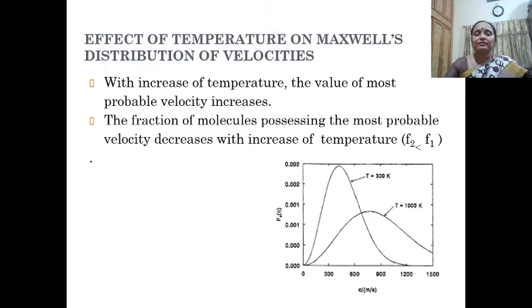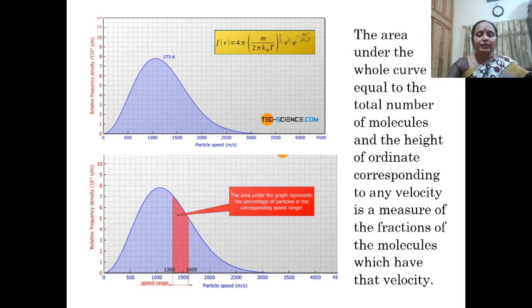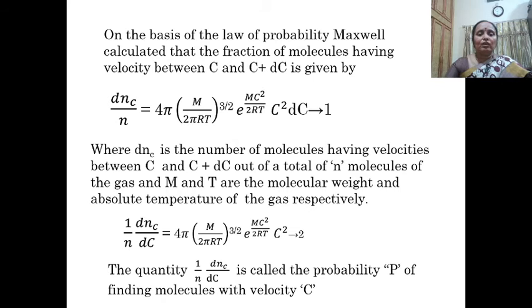So in today's class we studied Maxwell's distribution law of molecular velocities and Maxwell distribution of molecular energy. Maxwell distribution law for velocity is represented as 1 by N dNc by dc is equal to 4 pi (m by 2 pi RT) to the power of 3 by 2 e to the power of minus mc square by 2RT c square.